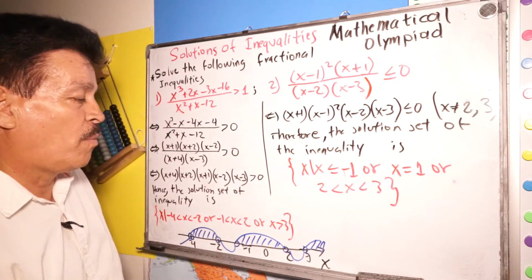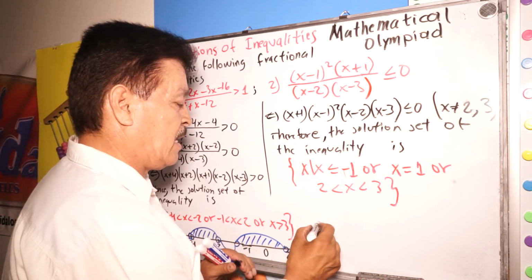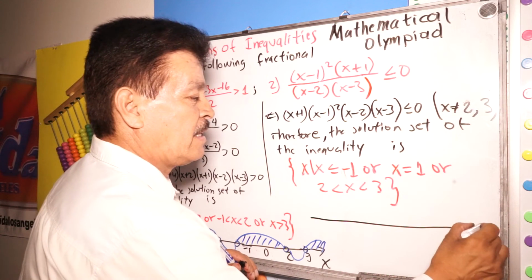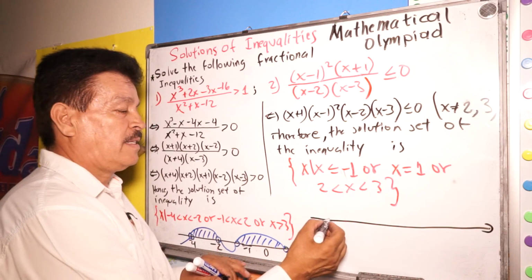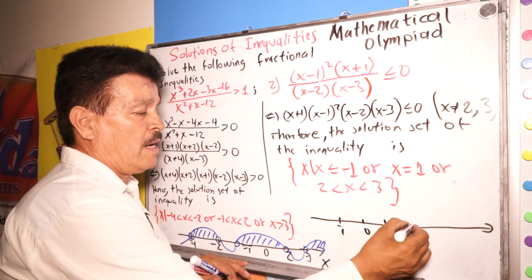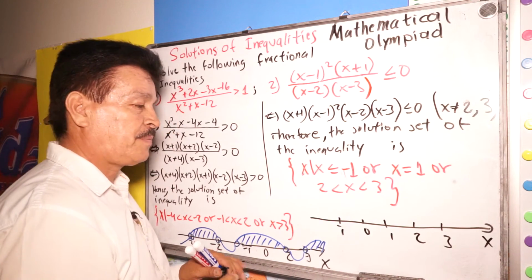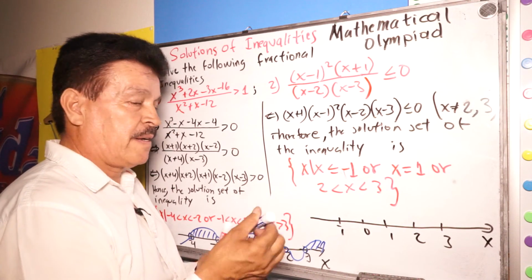That's the group. For the graph, let me write it like this: negative 1, here is 0, 1, 2, 3. The graph will run in this way.